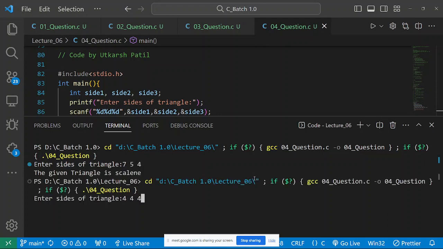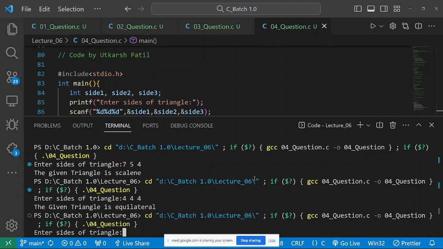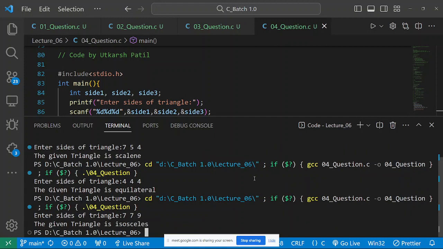Working fine. So yeah, it's correct. It means you understand.